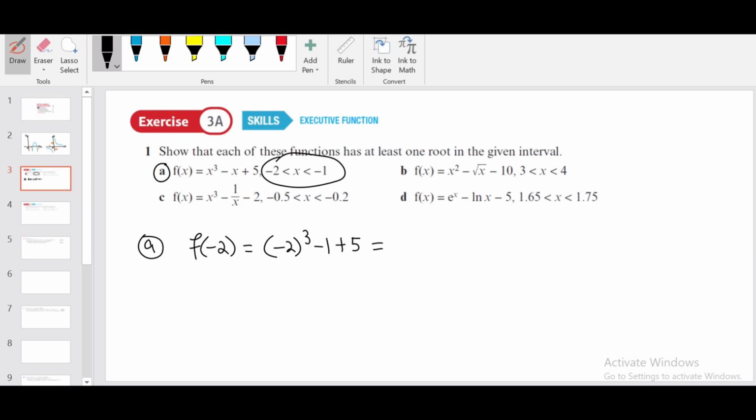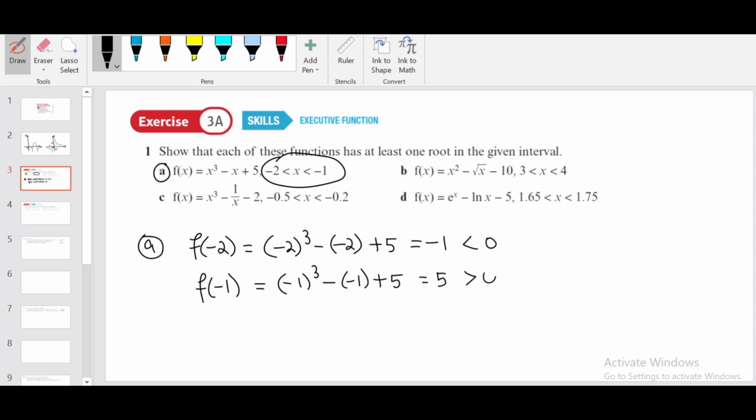It is -8 plus 2 plus 5, so you get -8 plus 7, which is -1. You have to write that it is less than 0. And then find f of -1. (-1) cubed minus (-1) plus 5. You'll get -1 plus 1 plus 5, which is positive, right?